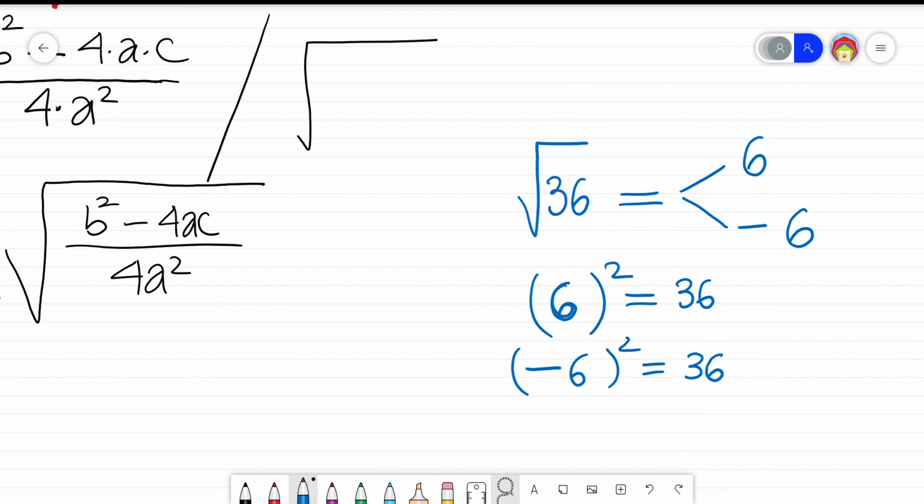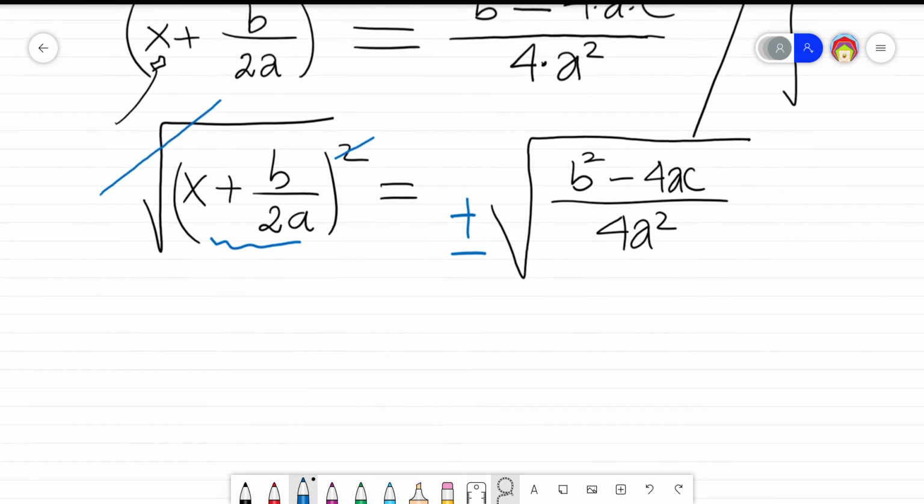So there are two ways of squaring a number to get 36. Two values, plus and minus. So in every single square root, be careful, you need to place there the plus and the minus.